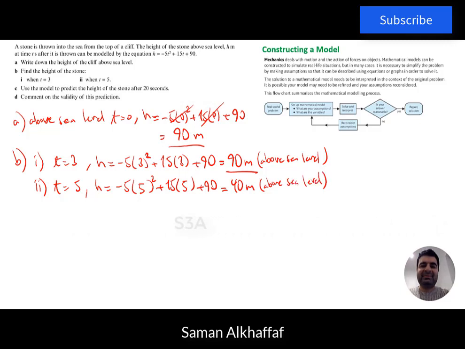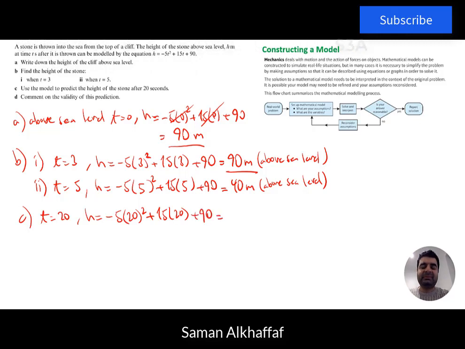And now for the next part, use the model to predict the height of the stone after 20 seconds. So when t equals 20, we have h equal to minus 5 multiplied by 20 squared plus 15 by 20 plus 90.